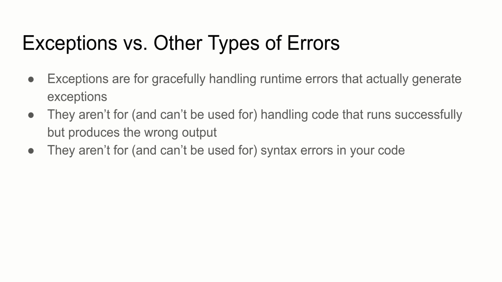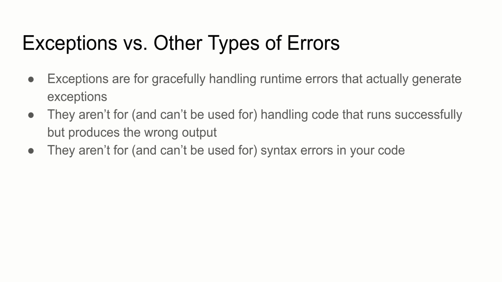We could check all of the possible types that the parameters to our function could be, or we could catch a type error as an exception and just handle that in a small portion of code.